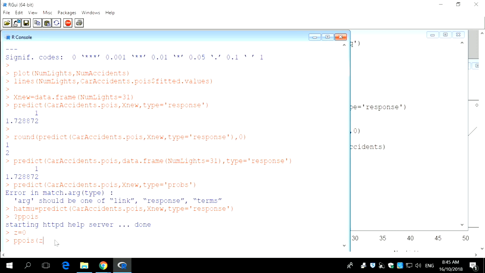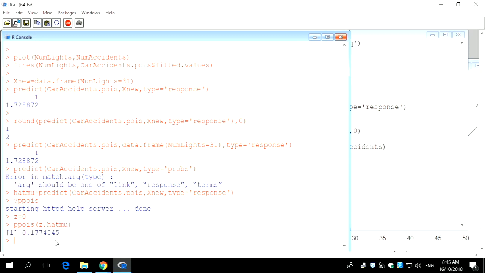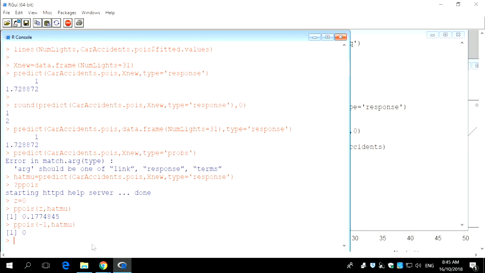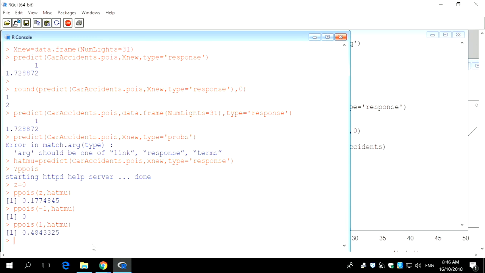So that's z, and the next argument is our estimated mean of response. In this case, we get this probability that z is smaller or equal to 0. Also we can try maybe -1, and I think we should get 0. And let's also try 1, smaller or equal to 1. So you will have this probability of being smaller or equal to 1.